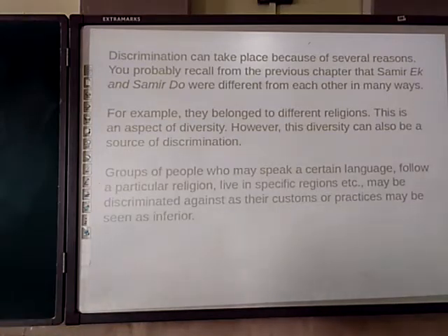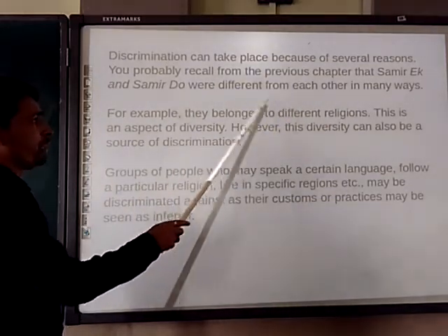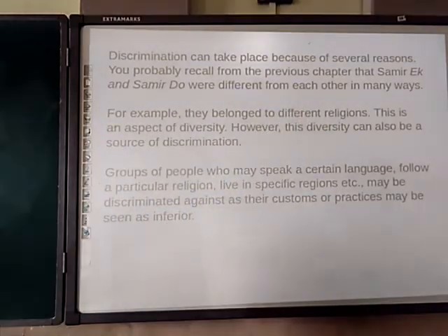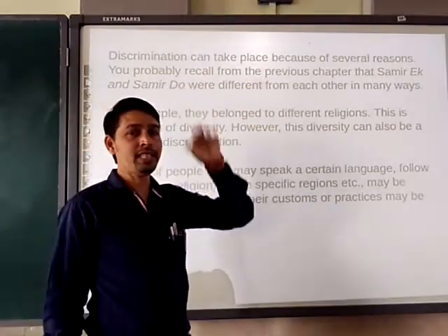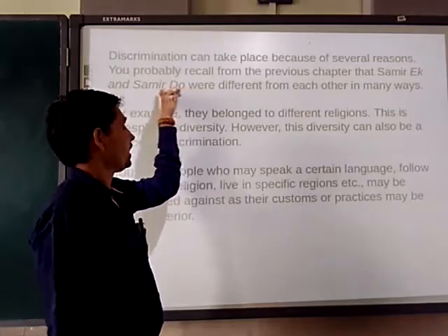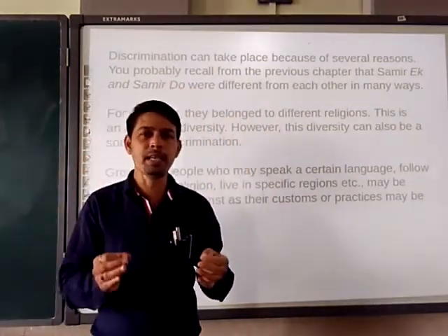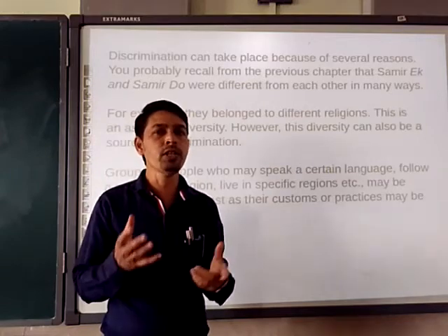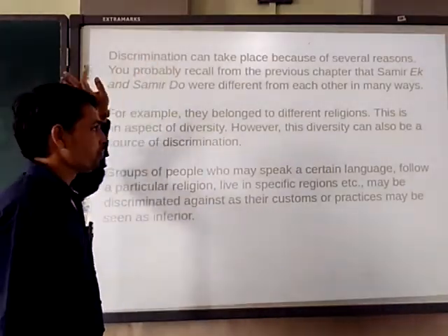You probably recall from your previous chapter that Samir A and Samir Do were different from each other in many ways. As you have seen in chapter number 1, the story of Samir A and Samir Do, by taking the same example you can understand the topic of discrimination here.